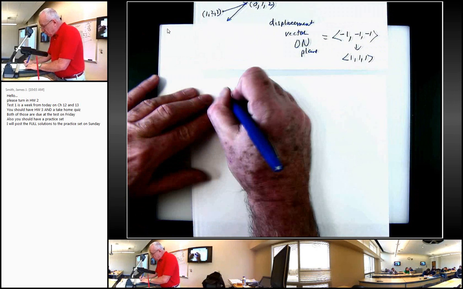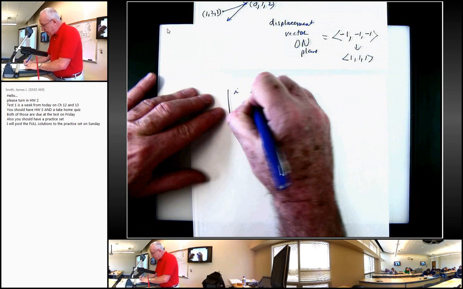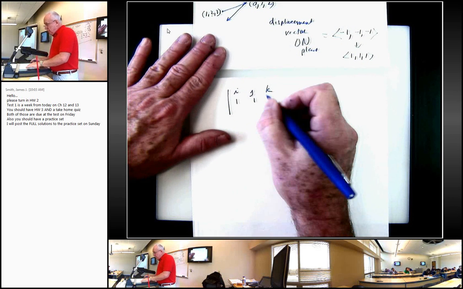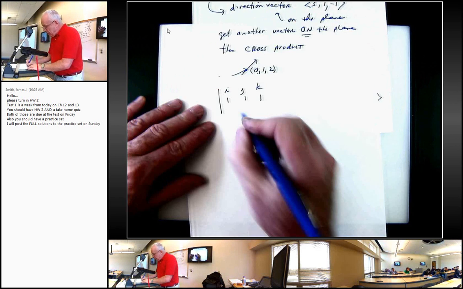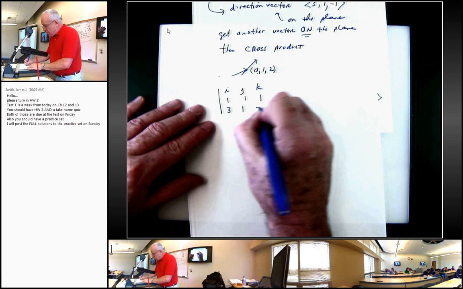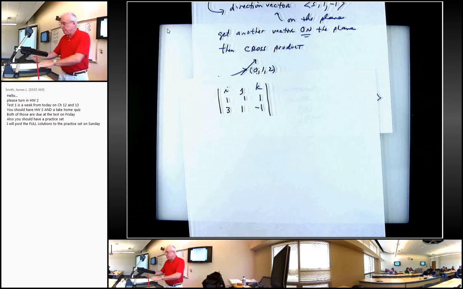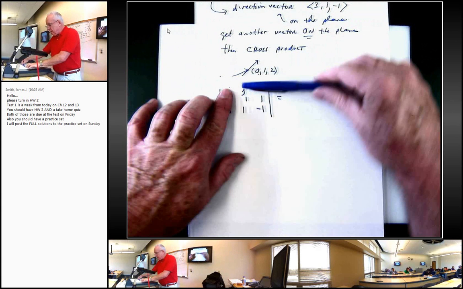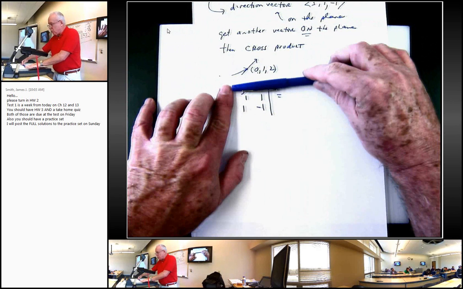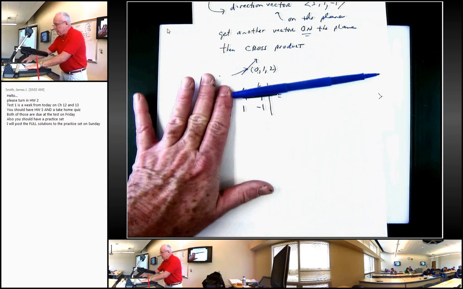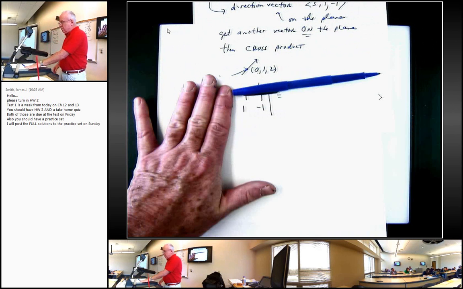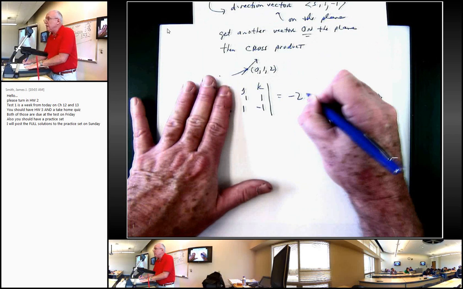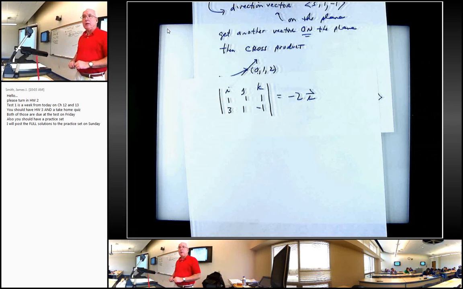So we need to do a cross product: i, j, k, and the two vectors, 1, 1, 1, and our other vector, 3, 1, and minus 1. Okay. So for the i, we get rid of the first row and first column. What are we going to get there? Minus 1, minus 1, I think we're going to get a minus 2, right? Times the i. You all right with that?